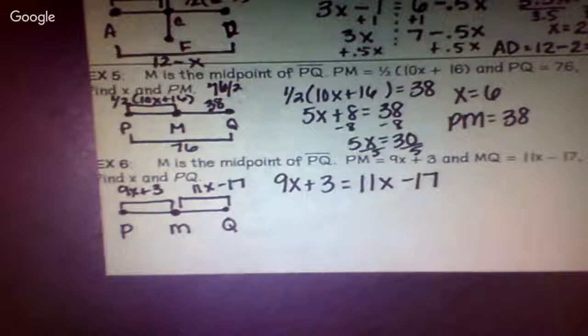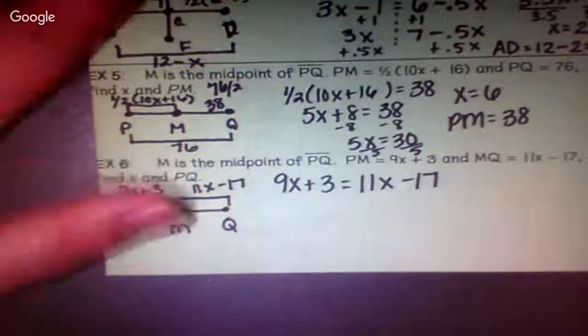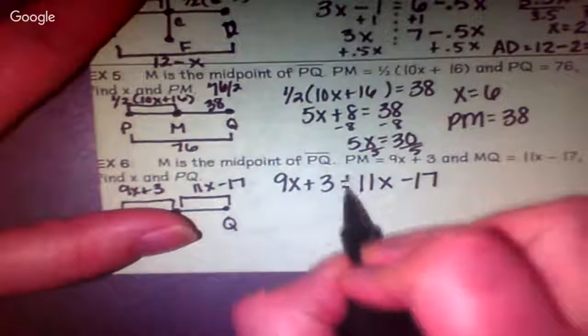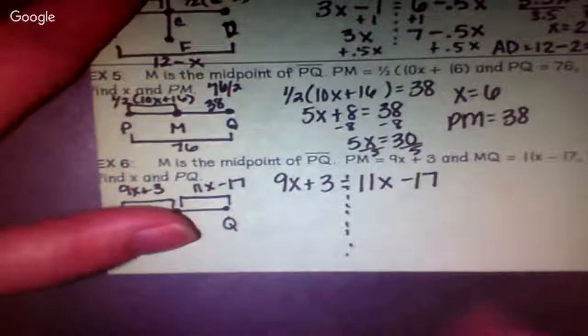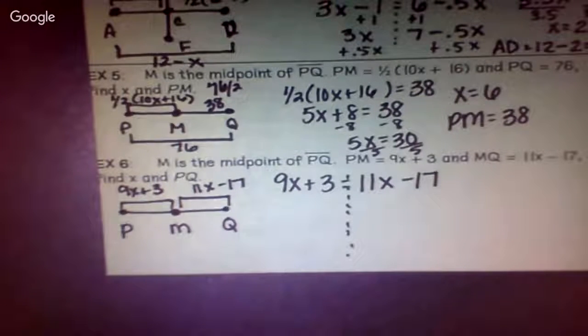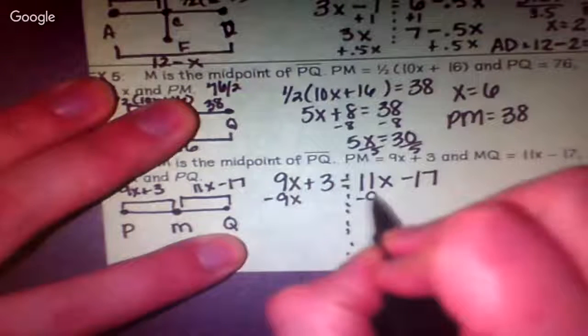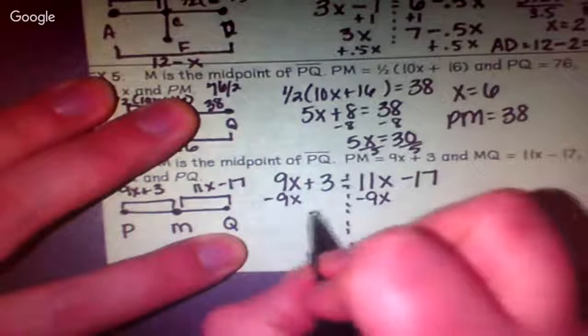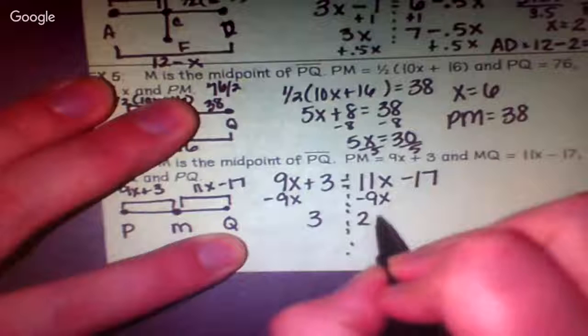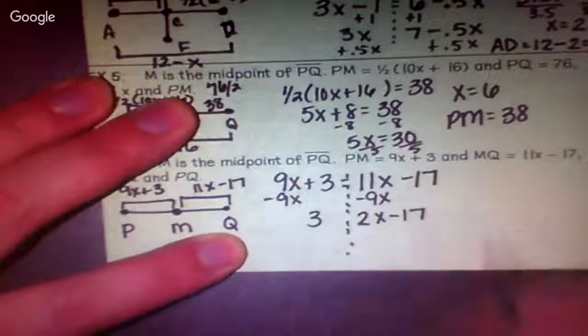Our first step is to do what? You said subtract 9. Be careful, Joseph. You can't combine like terms unless you have more than one x on one side of the equal sign. So if you need to draw that line to make it make more sense to you, draw it. Okay. So Mr. Watkins says he wants to take the 9x to the other side. So we're going to have to subtract. So 3 equals 2x minus 17.